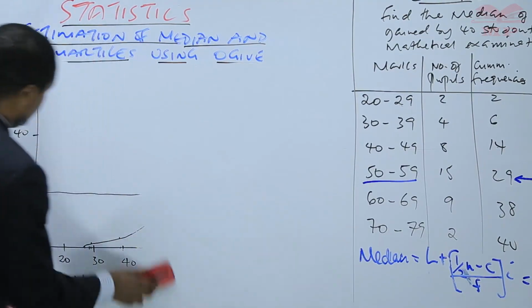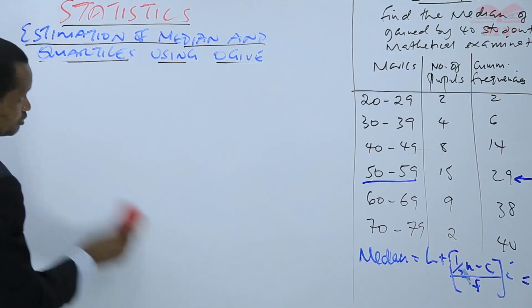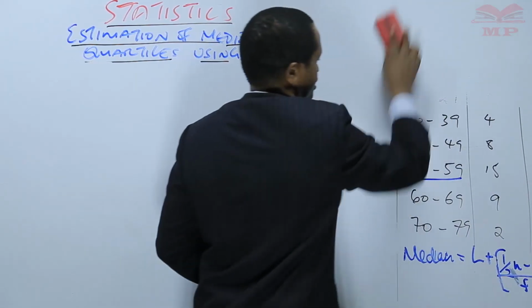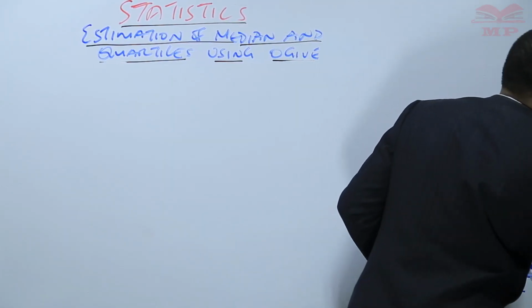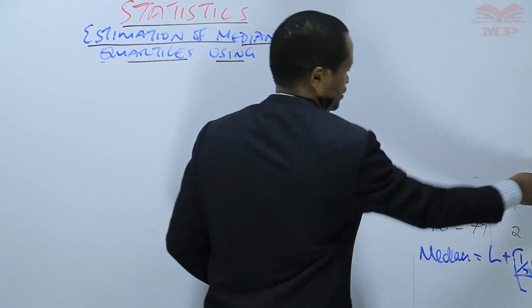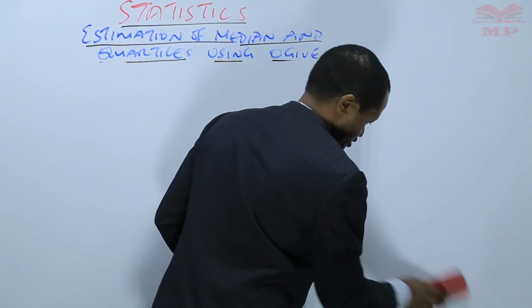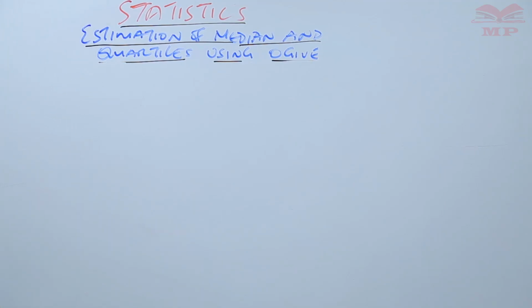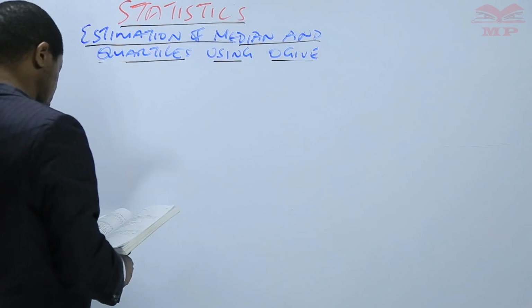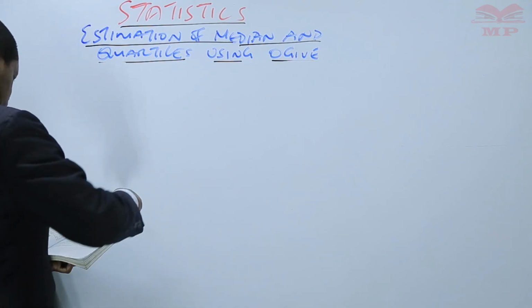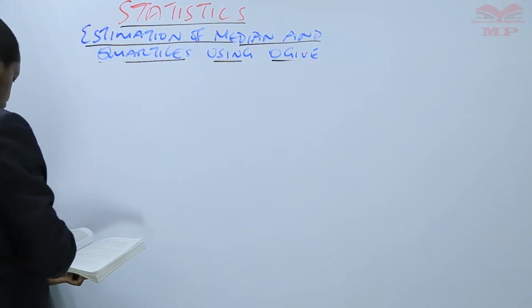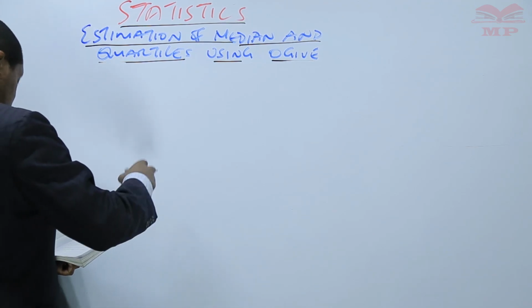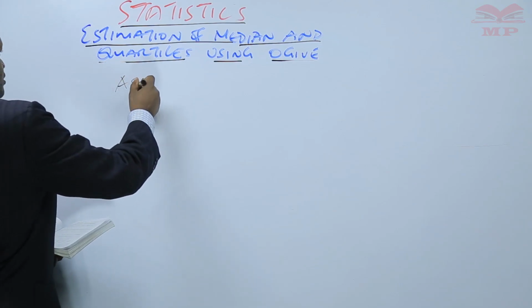I'm going to write one question on the board before we learn how to determine the quartiles using an ogive.